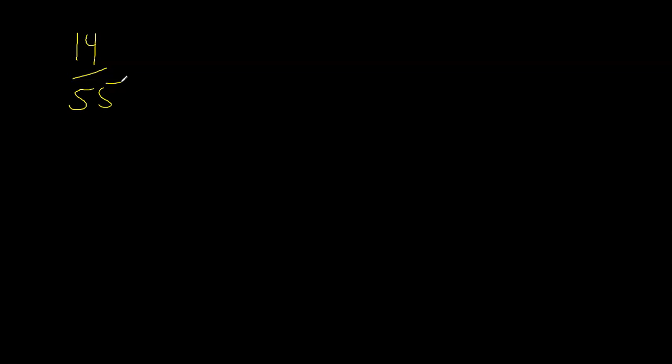So we'll turn this into a percentage. Now 14/55 is the same as 14 over 5 times 11, because 55 is 5 times 11. Now since 5 goes into 10, we can turn it into a 10 by multiplying by 2, and we just need to multiply by 2 on top as well.